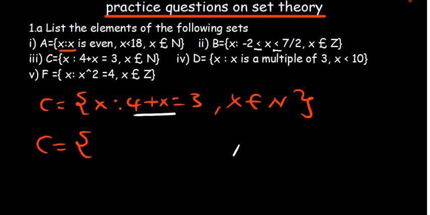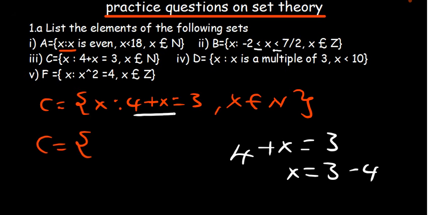So 4 plus x is equivalent to 3, so x is going to be 3 minus 4. Your x is going to be -1. So x is equal to -1.